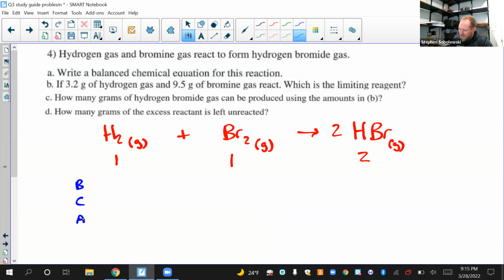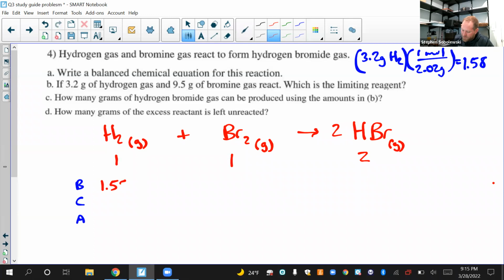So before the reaction occurs, we're going to turn grams and grams into moles and moles. So 3.2 grams of hydrogen, that's H2, not H, H2. We're going to divide that by the molar mass of H2, which is 2.02. 3.2 over 2.02 gives us 1.58. And that's moles. So that is how much I have before, 1.58. In fact, I'm going to do a color change here. Let's go black.